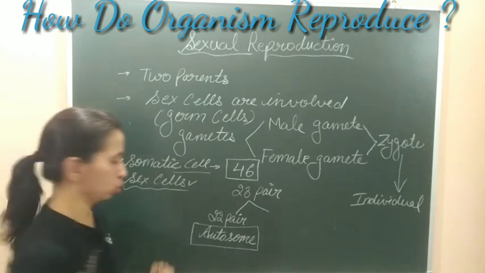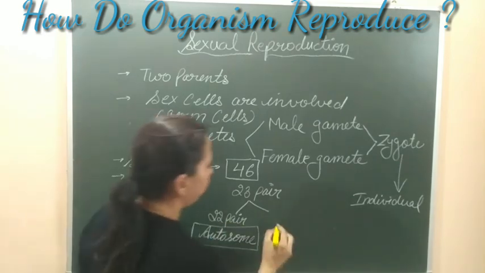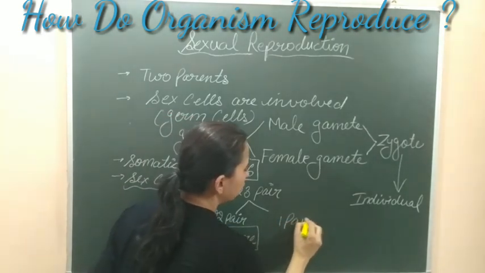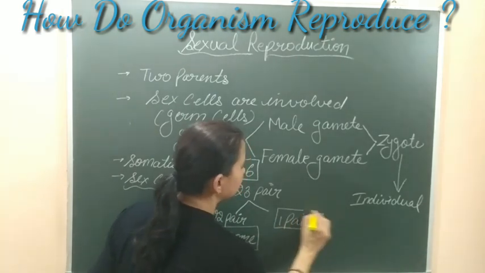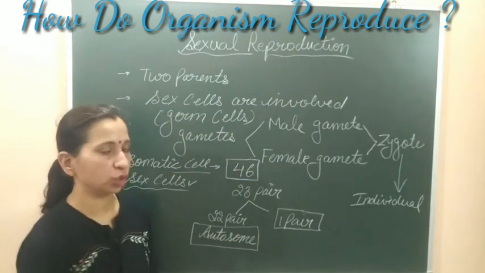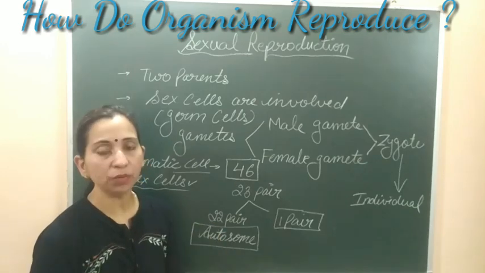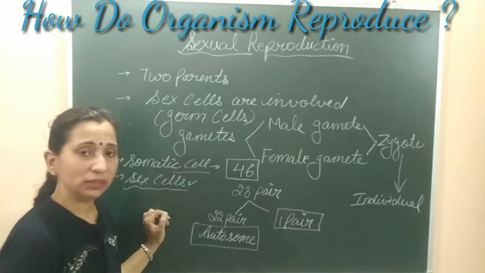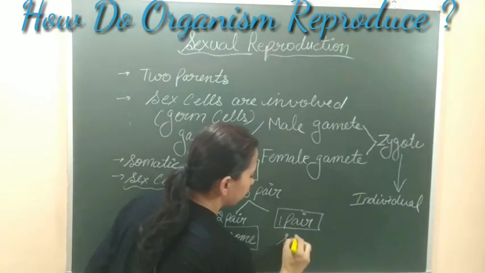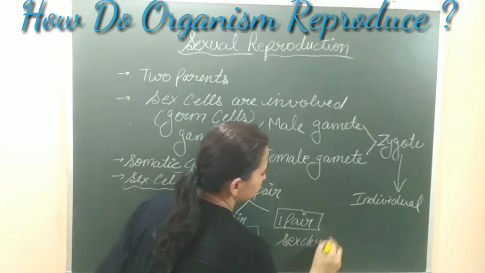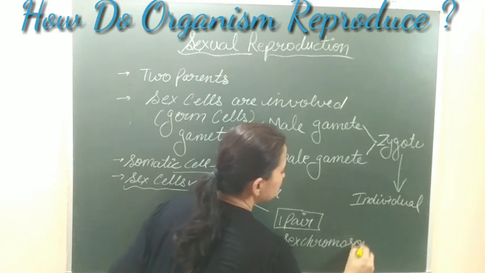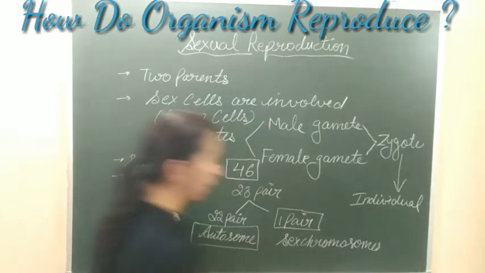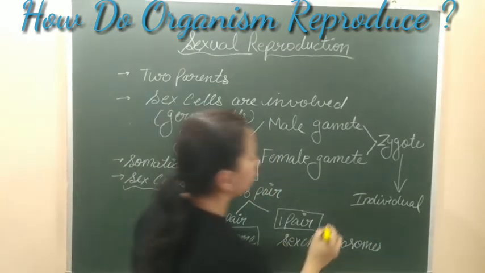Whereas one pair of chromosomes, the 23rd pair, the last pair, is known as the sex chromosomes. 22 are autosomes, and these sex chromosomes could be of two types.